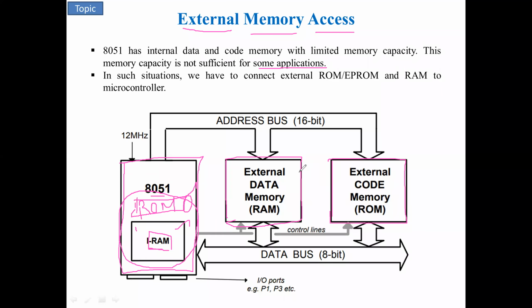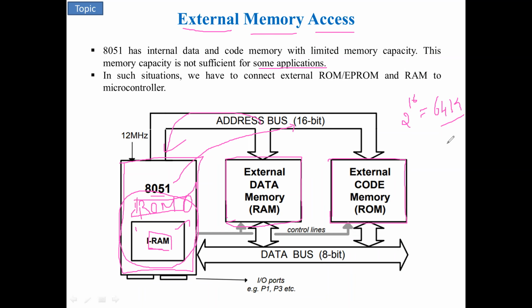What is the capacity of memory that can be interfaced with 8051? 8051 has 16 address lines or address bits, so 2 to the power of 16 is equal to 64K.